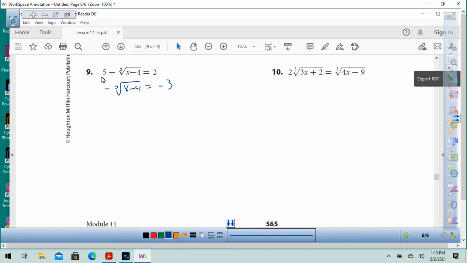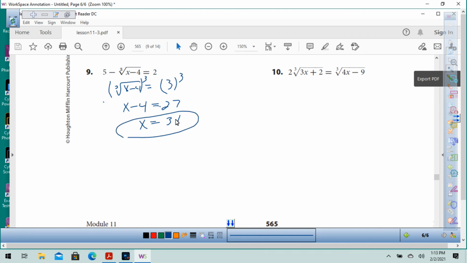Since they're both negative, we can get rid of the negative. All right, now we're going to cube both sides. And that's going to give us x minus 4 equals 27. Add 4 to both sides, and x equals 31.